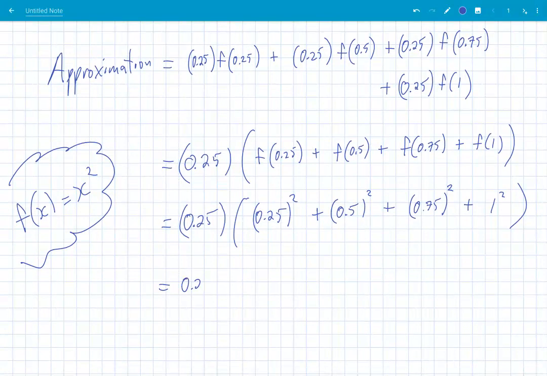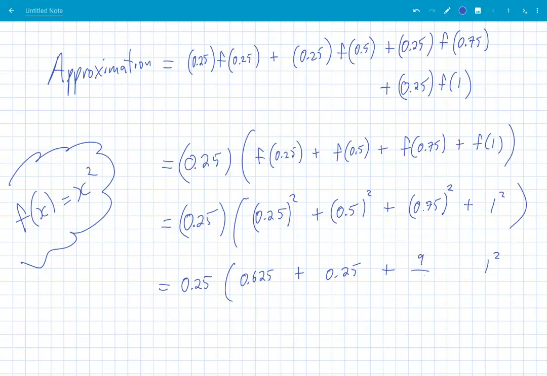Now you have a calculator, you can do this quickly. I'm going to do it rather slowly. This is a quarter. Oh, whatever, I'll just go 0.625, 0.25 plus, what is 0.75 squared? That's a good question. 3/4 times 3/4, 9/16.